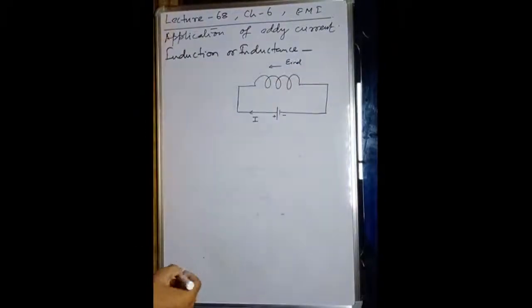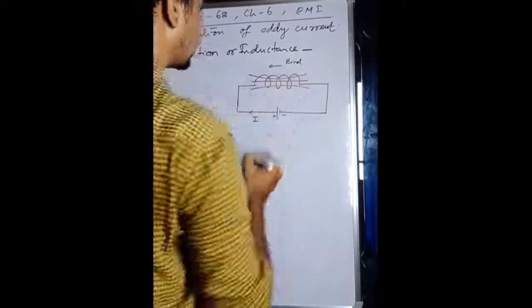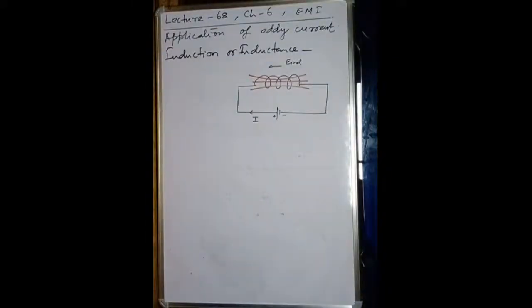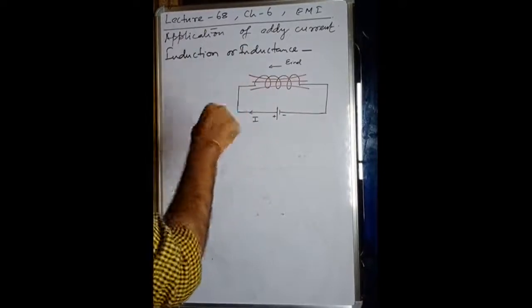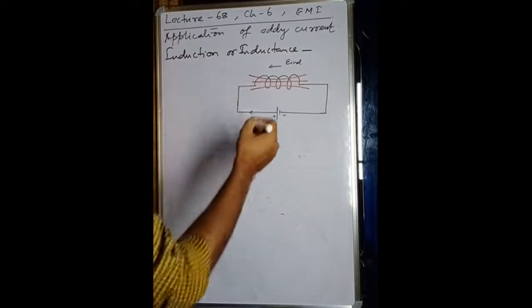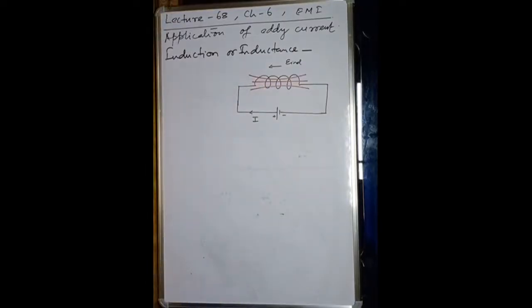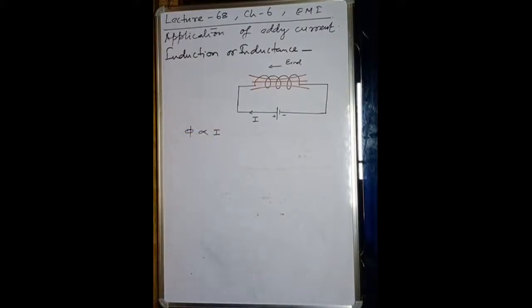We'll try to find the formula for this back EMF as well, and this is the flux linked with the inductor. We know that here the flux is changing due to the current. If the current increases, the flux will increase. If the current decreases, the flux will decrease. It means the flux linked with this particular coil is directly proportional to the current. So here you can write the magnetic flux is directly proportional to the current.